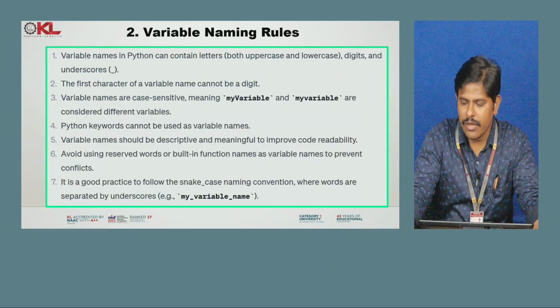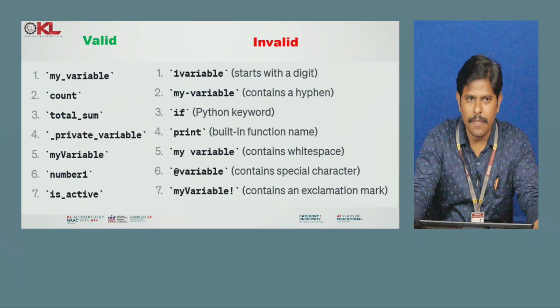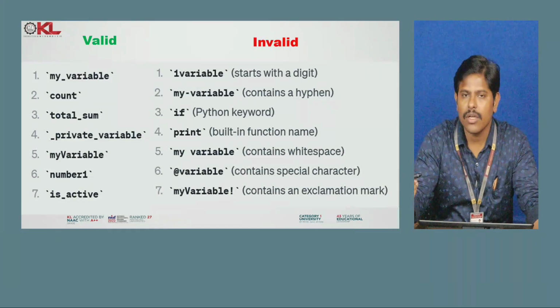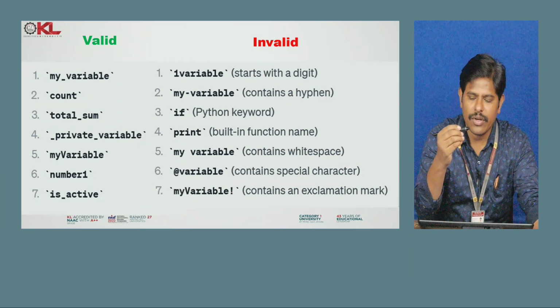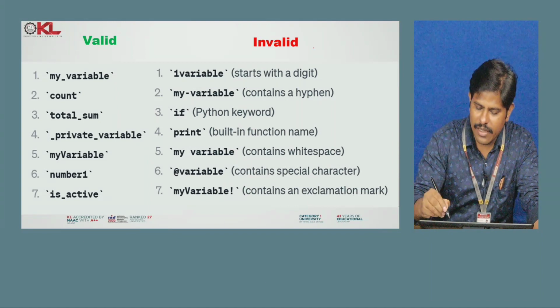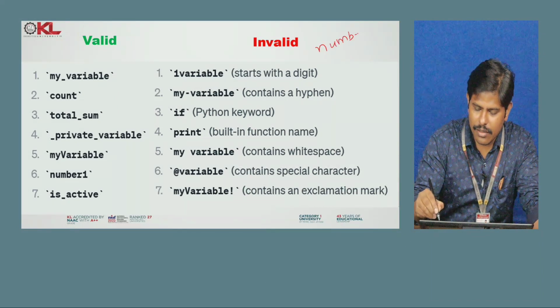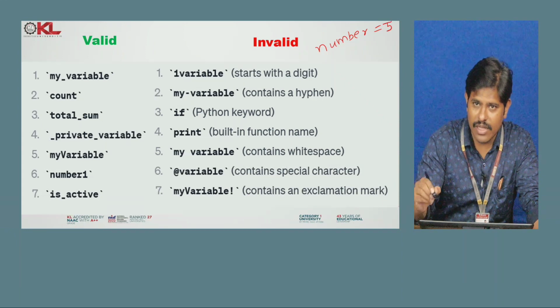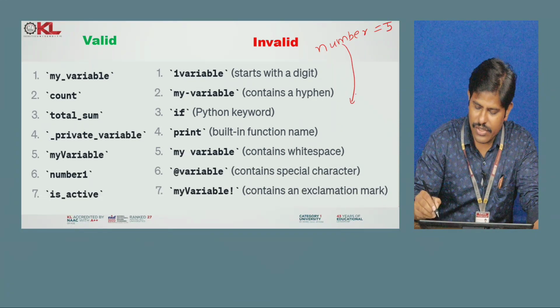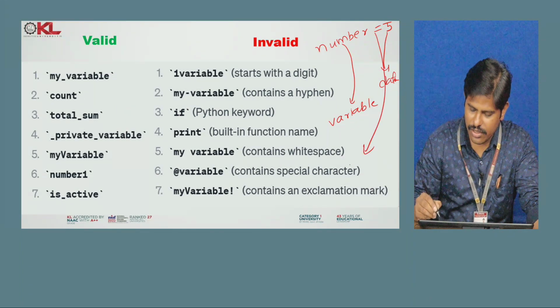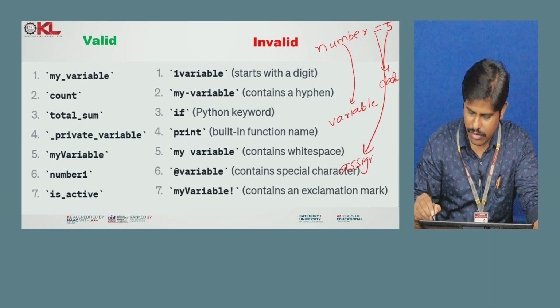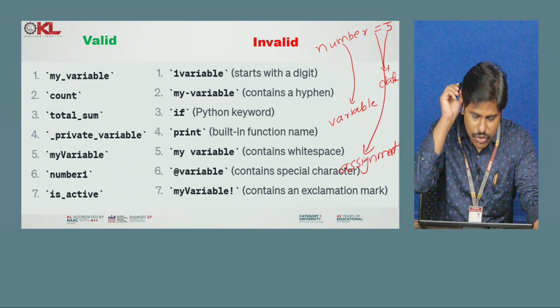When you want to name your variable, you have to follow some specific rules. A variable is something like a bucket where your data will be stored. For example, if I say number equal to 5, this number is the variable, 5 is my data, and this equal to is the assignment I am doing here.